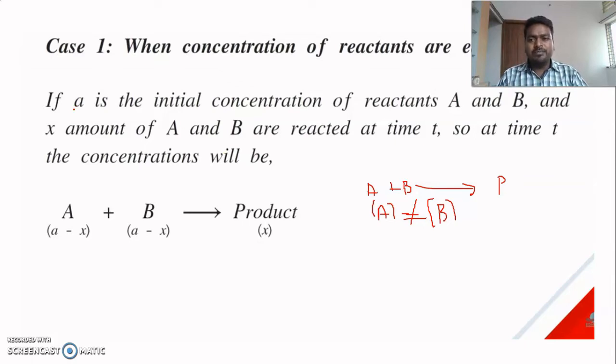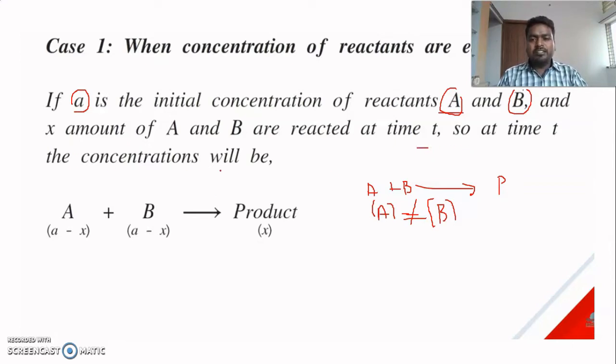Let us consider that a is the initial concentration of reactant A, and the concentration of B is also a, since both are equal. So a is the initial concentration of reactant A as well as reactant B, and x is the amount of A and B reacted at time t.